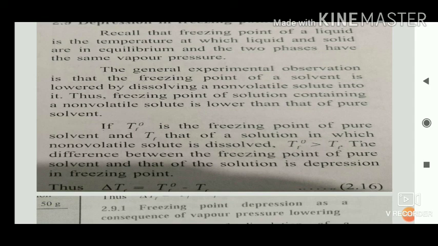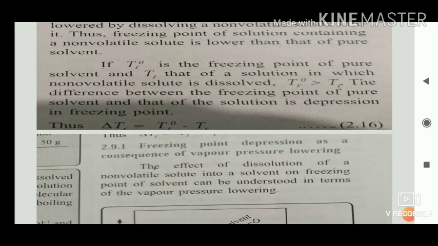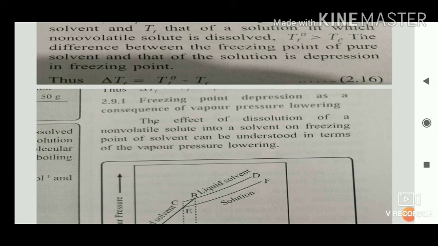By adding the non-volatile solute, the freezing point of the solution is lowered, and therefore the difference is given by delta TF is equal to TF naught minus TF, because TF naught is higher and TF is lower.